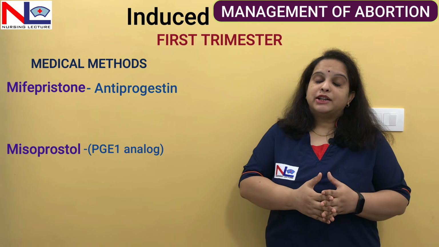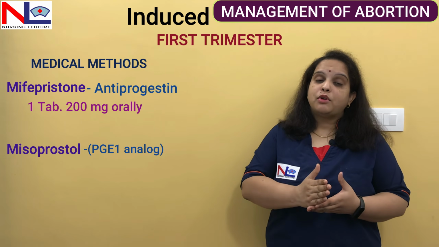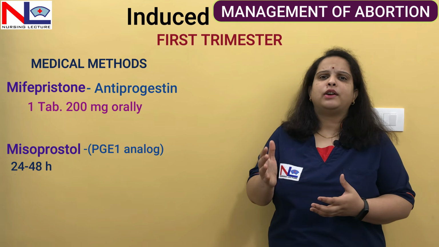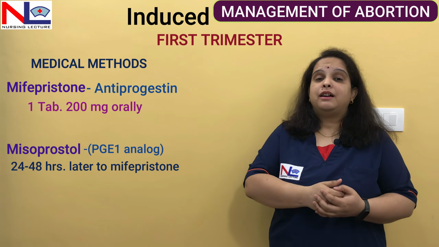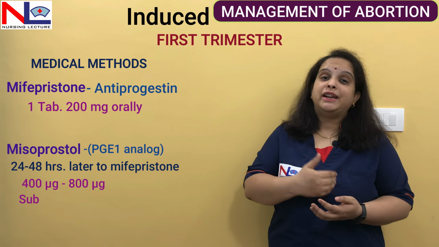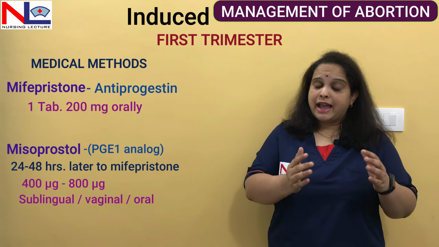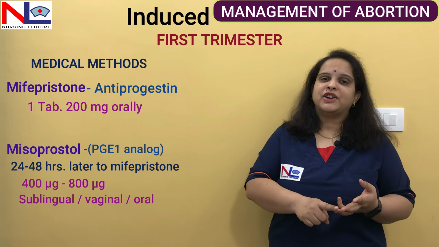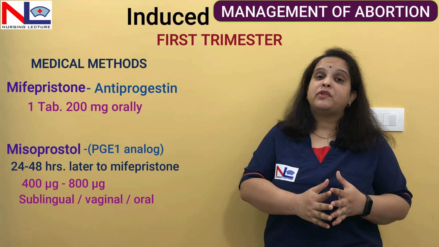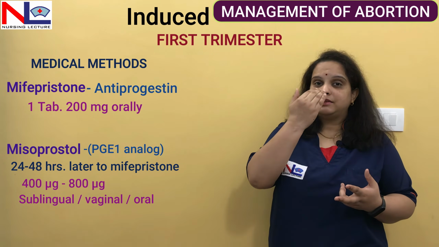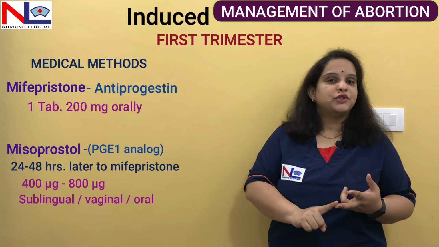So in this medical management, 200 milligrams of mifepristone orally we can administer to a woman, and 24 to 48 hours later we can administer misoprostol about 400 to 800 micrograms, and that can be administered by various routes like sublingual, oral, vaginal. Okay, but the most preferable route is sublingual, that is placing the drug just beneath the tongue, and the vaginal route.